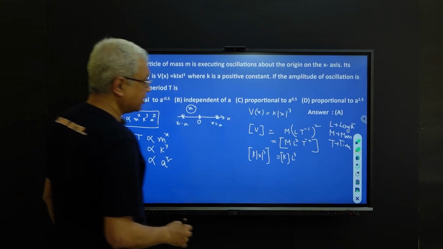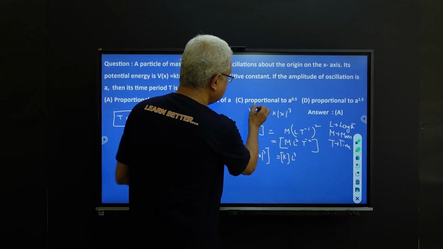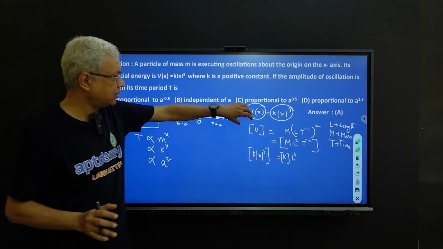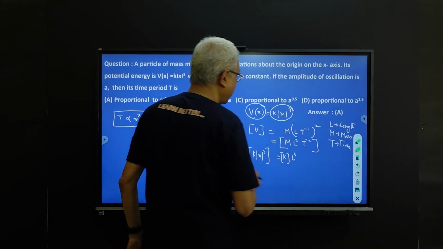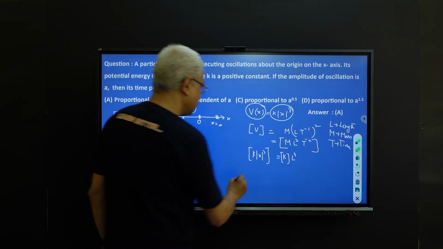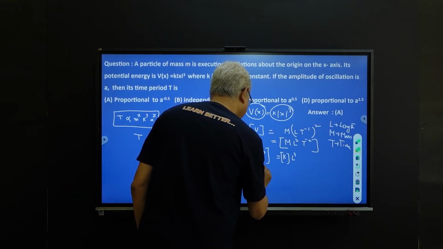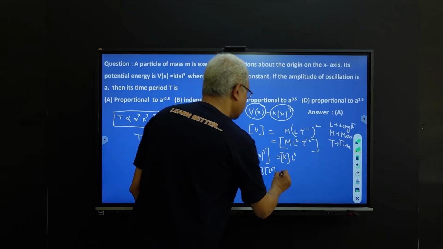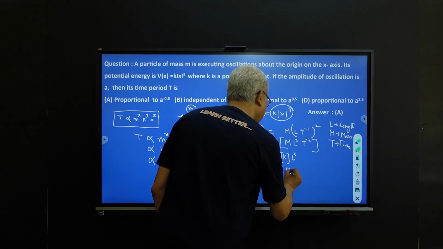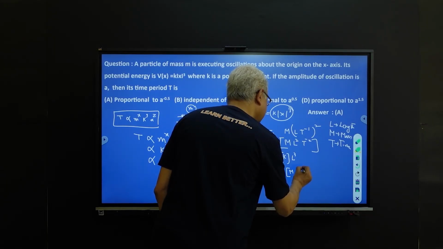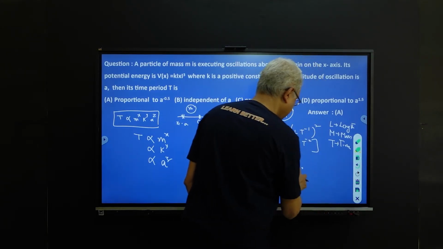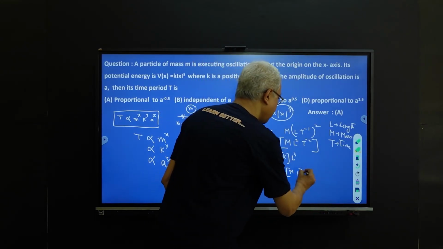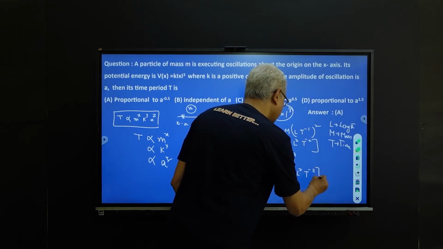Since this quantity is equal to this quantity, the dimension of the left hand side quantity should be equal to the dimension of the right hand side quantity. So I can think k L cube must be equal to M L square T to the power minus 2.